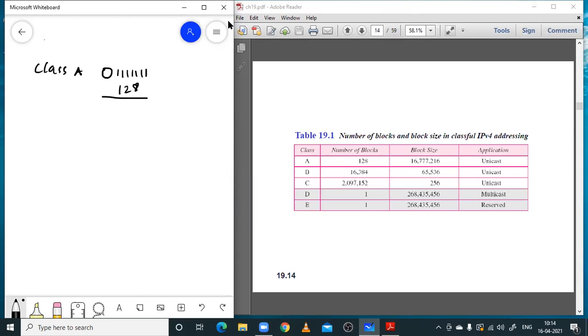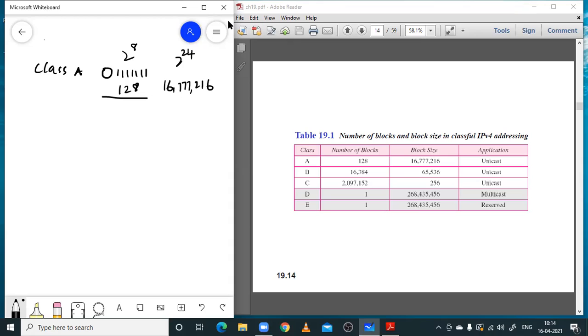How many? This is 2 power 8. Now coming to 2 power 24, these are host IDs. So how many host IDs are possible? Here you observe the number 16,777,216, not 16,000, 16 million.